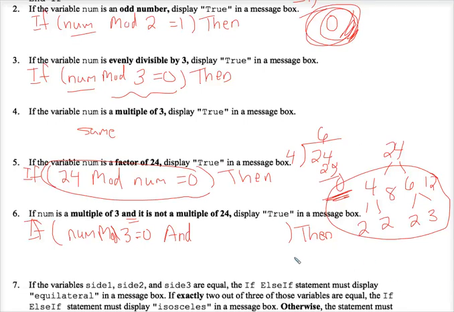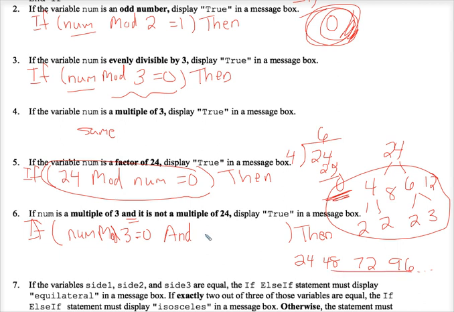What are the multiples of 24? 48, 72, 96, and so on. So we want to make sure that the number num is not a multiple of 24. We want to make sure it's not one of these numbers.